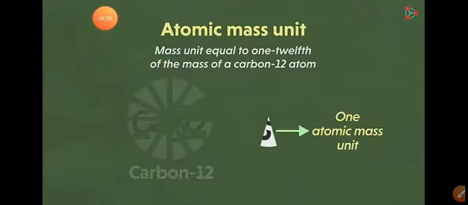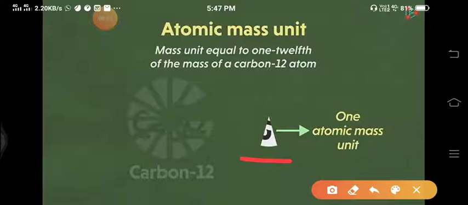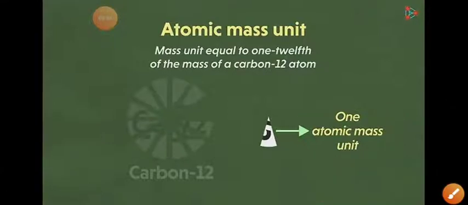Out of 12, we are taking one piece, and this is what we call 1 atomic mass unit. This is used as a standard to find the atomic mass of any other atom.